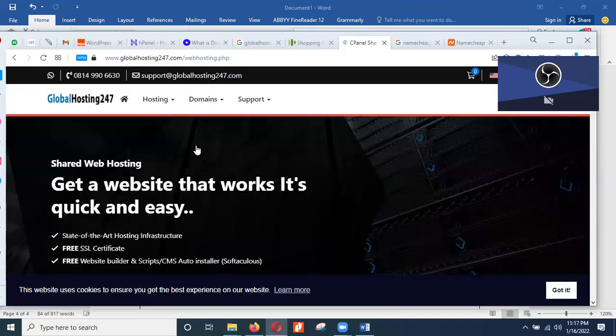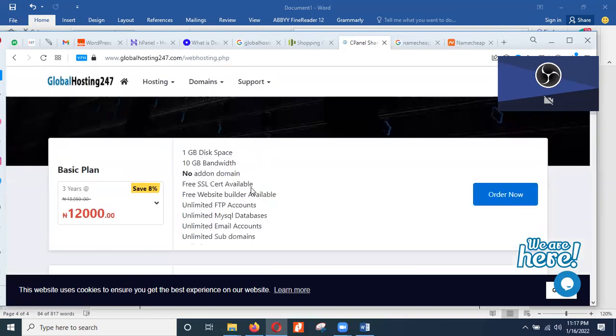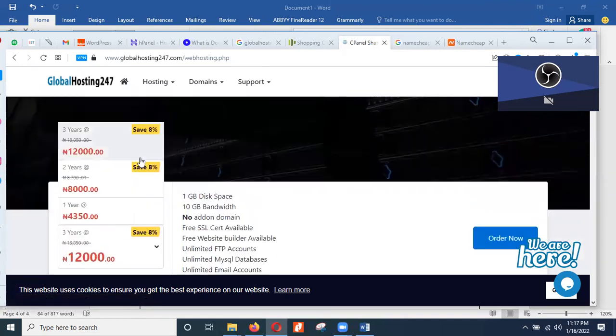When you are talking about hosting, what comes into your mind is storage space and bandwidth. Okay, this is Global Hosting and it sells for 12,000 for 3 years. Let me switch it to only 1 year.